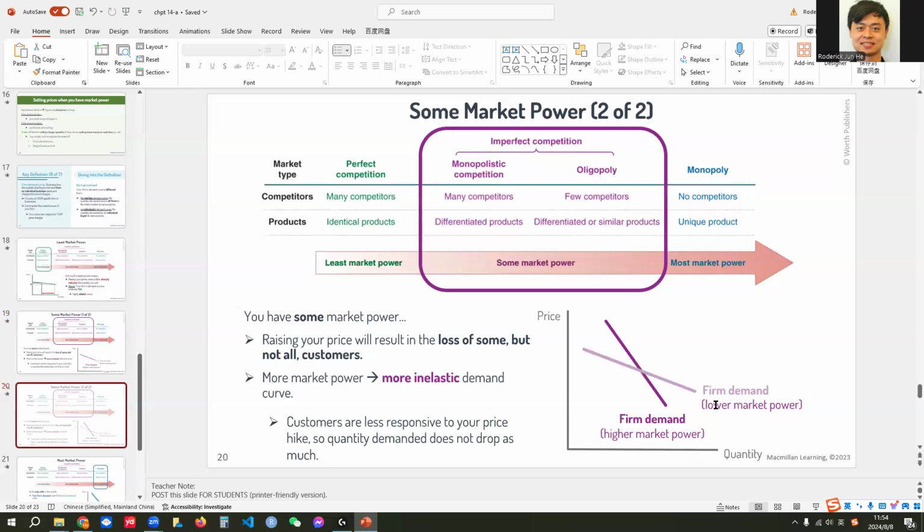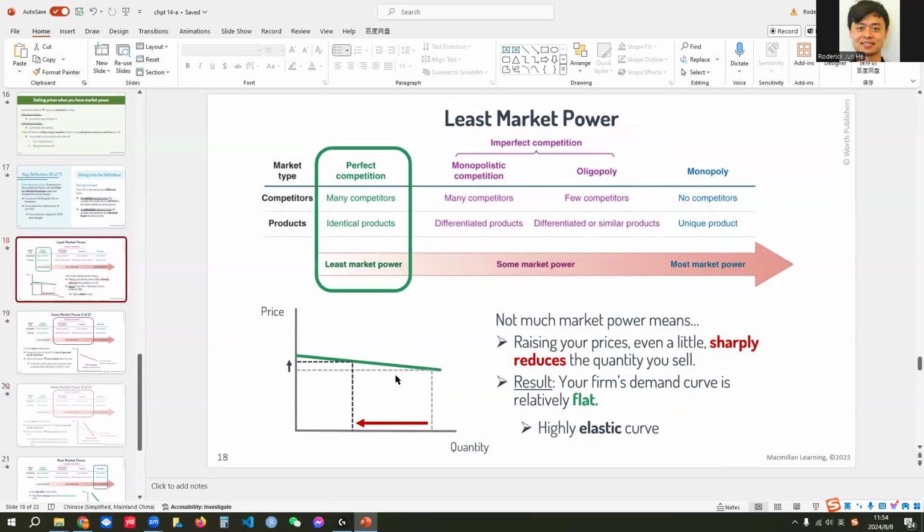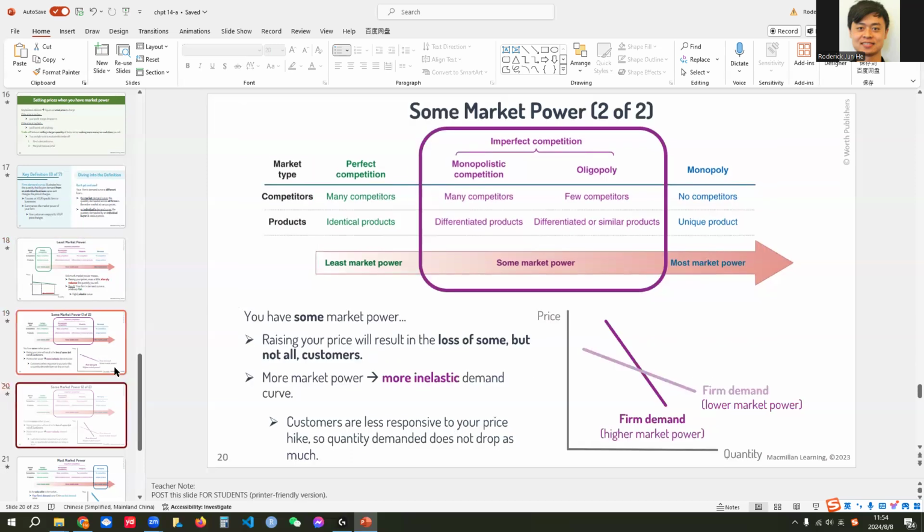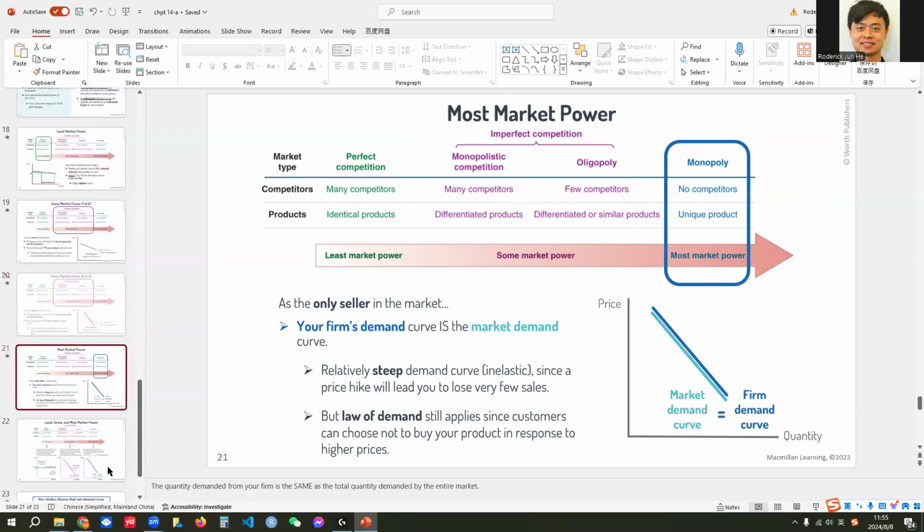And here, a firm with lower market power will be more similar to the perfect competition case, right? The demand curve will be flatter. For a firm with higher market power, consumers will be more inelastic. Therefore, this demand will be closer to the vertical case, and the perfectly vertical case is the perfectly inelastic case.